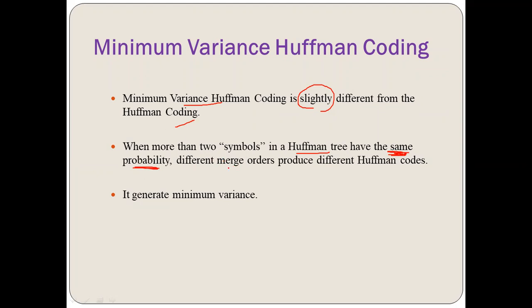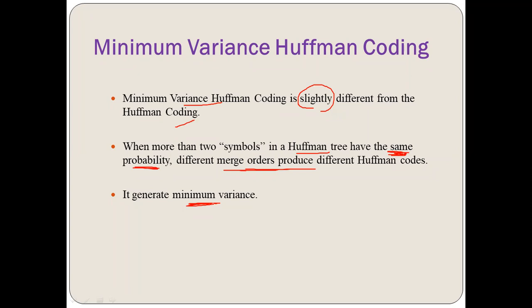But the order of merging these two least probable symbols is different in minimum variance Huffman code. Second thing, it is going to generate minimum variance in the code words. That is the main advantage of using minimum variance Huffman coding. I'll explain what minimum variance means and how we calculate it, right?